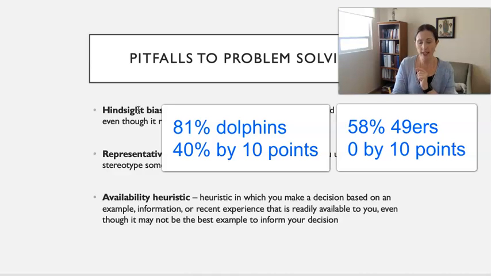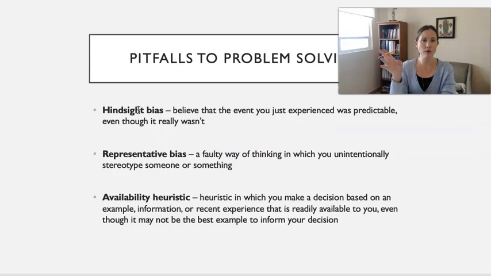And nobody remembered saying Dolphins by 10, even though it had been 40. This is the hindsight bias. After the fact, after you know who won, it's easy to misremember what you thought beforehand.